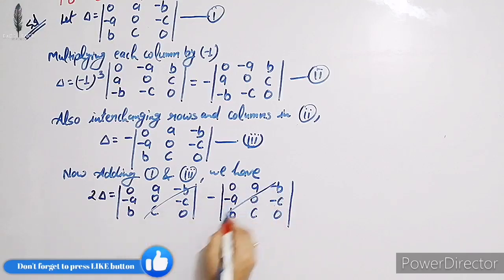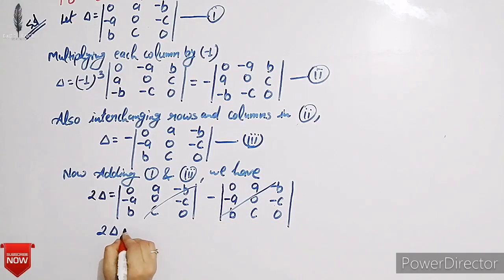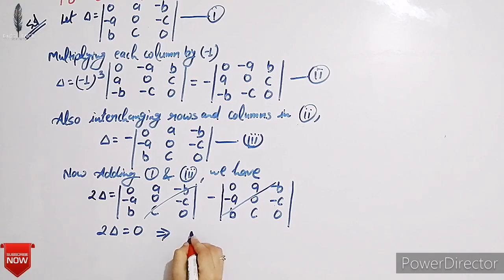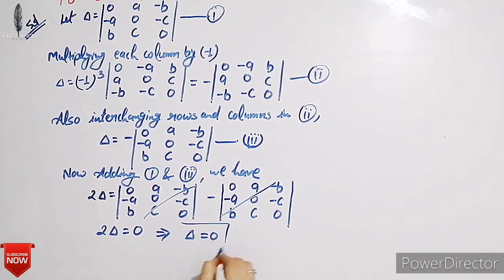So here these are cancelled. Then we get 2 delta equals to 0, that gives delta equals to 0. Hence proved. Let's see the next question.